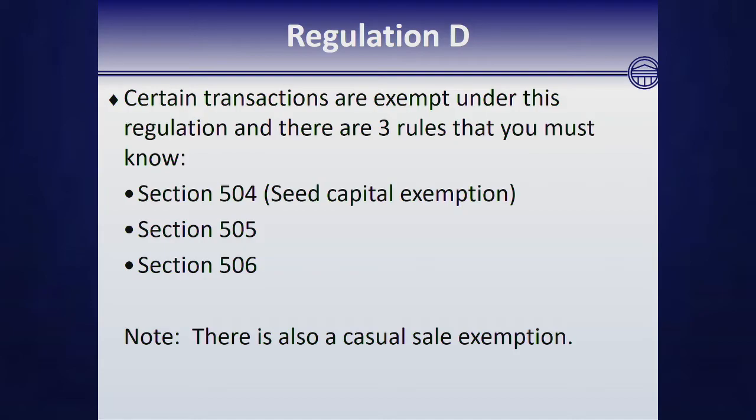An accredited investor would be a bank or an insurance company or someone whose net worth is greater than $1 million or whose annual income exceeds $200,000 for an individual and $300,000 for a married couple. Again, with a Section 505 exemption, advertising is not permitted.